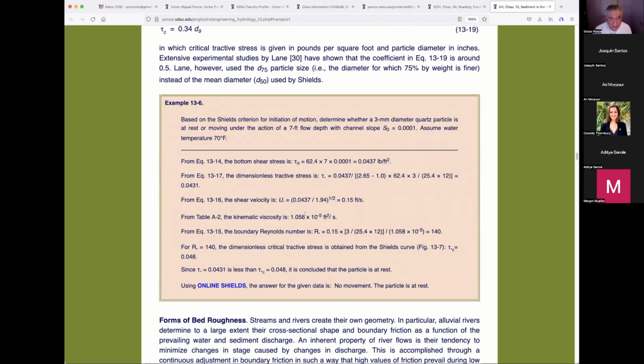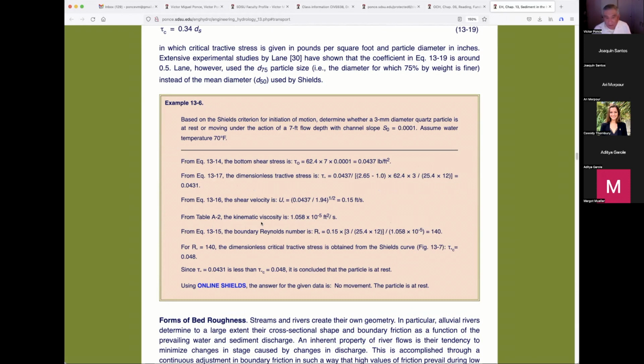From table A2, the kinematic viscosity is, what is this now? We need the kinematic viscosity because we have a water temperature of 70 degrees and we're going to be using the kinematic viscosity in the calculation. So we need to go to table A2, and I have not made the table clickable here, but table A2 refers to the appendix of this book. So it's in my hydrology book appendix.